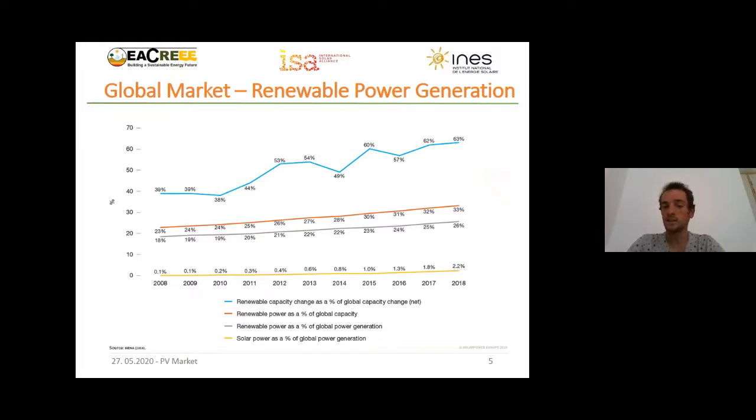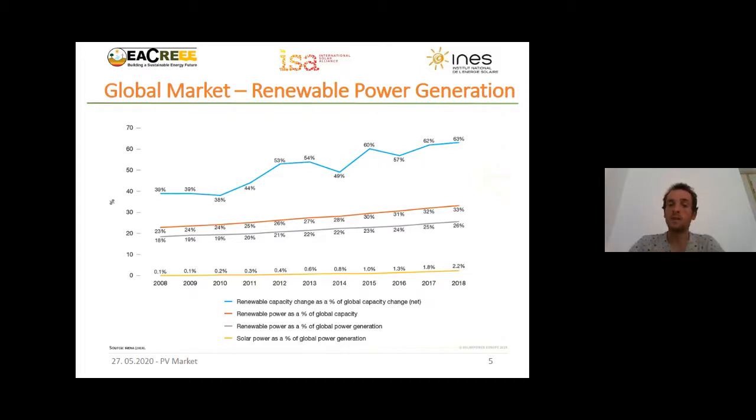And if you look 10 years ago, in 2010, for instance, you see that the renewable capacity change was only 38%. So it means that 10 years ago, we were still installing a lot of fossil fuel capacity, especially coal power systems in developing countries.